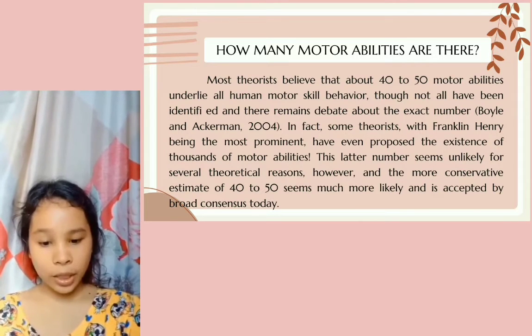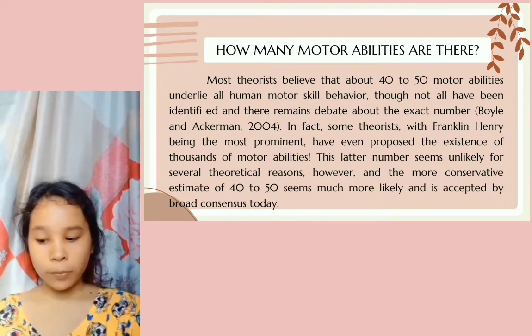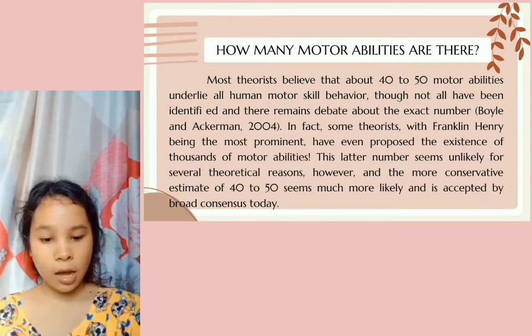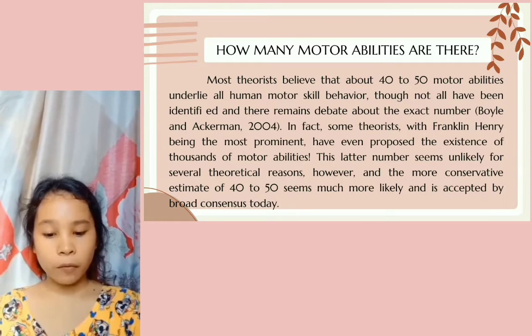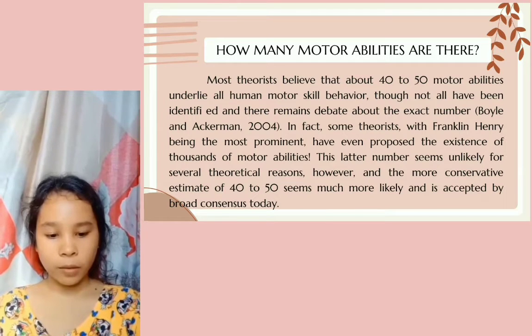In his classification system, Fleishman identified two broad categories of motor abilities. These categories are perceptual motor and physical proficiency abilities.